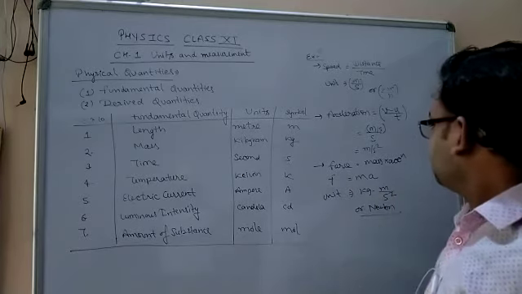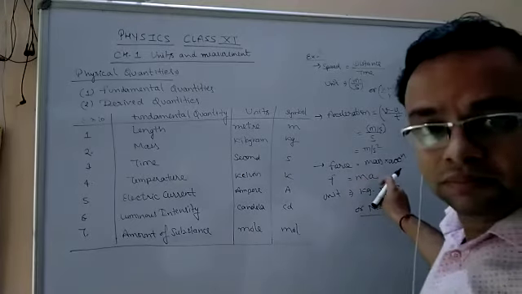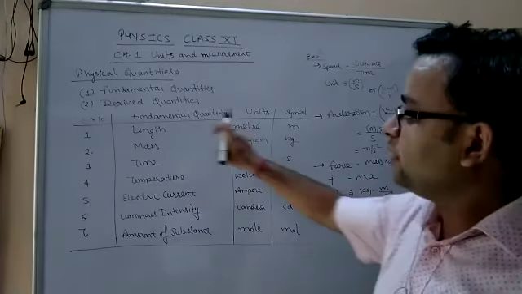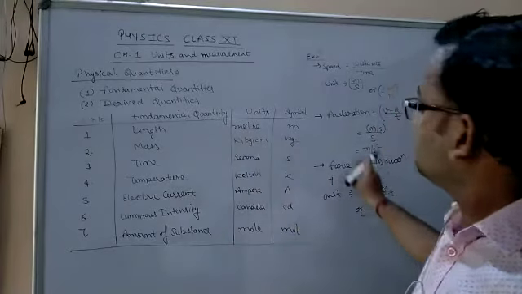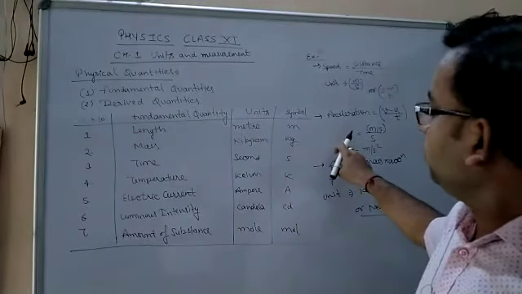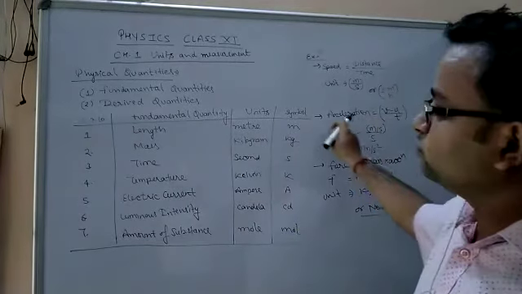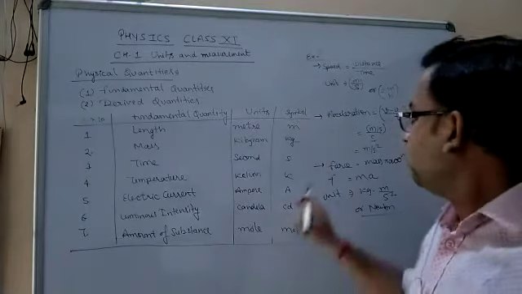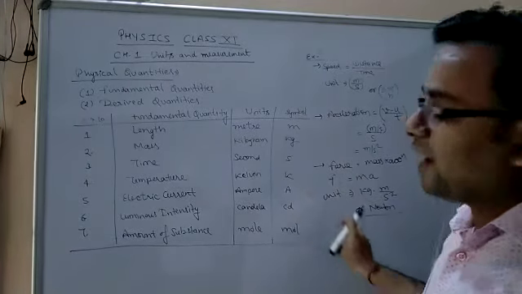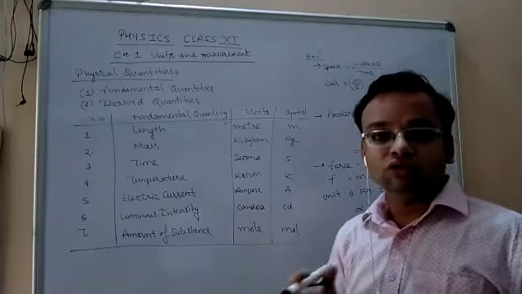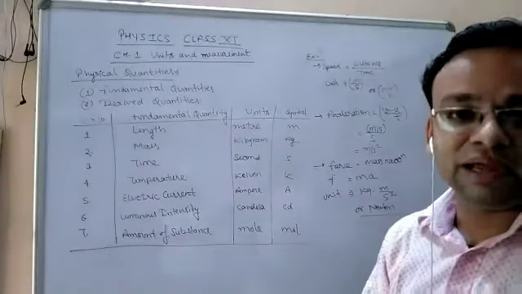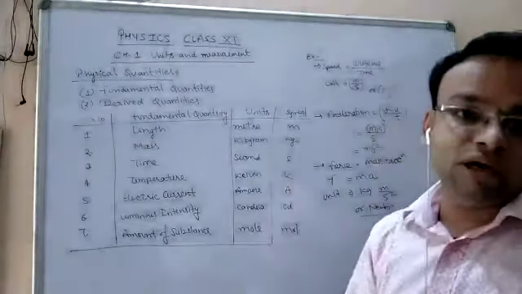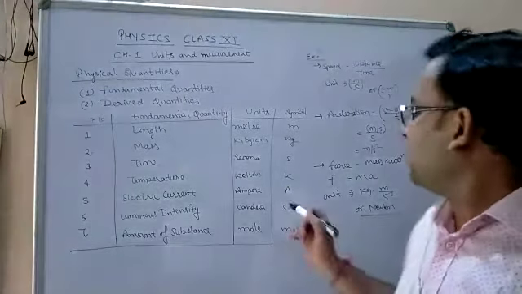So students, in force, mass is a fundamental quantity, acceleration is also a derived quantity, we can express in terms of fundamental quantity. So all these are known as derived quantities, because derived quantities are those quantities which are expressed by the help of fundamental quantities, and its unit is known as derived unit.